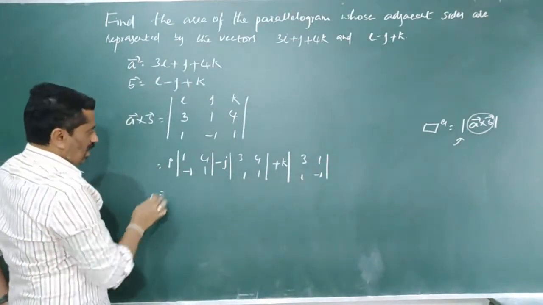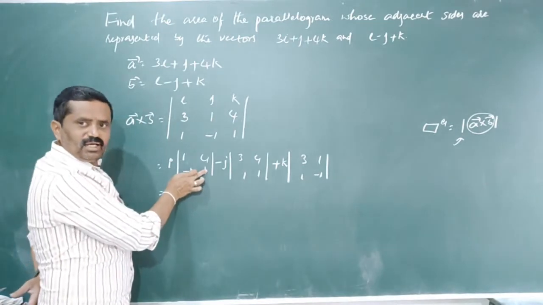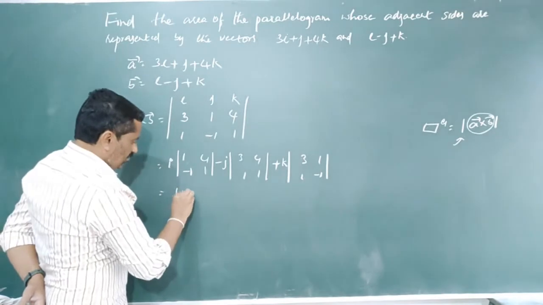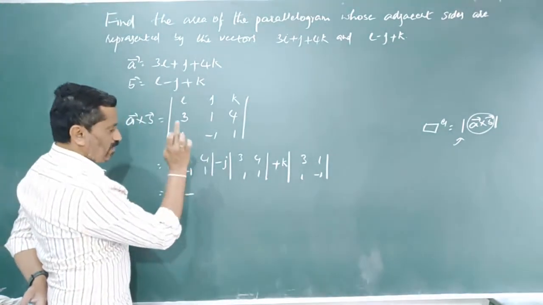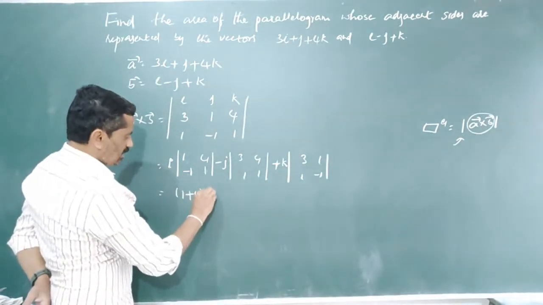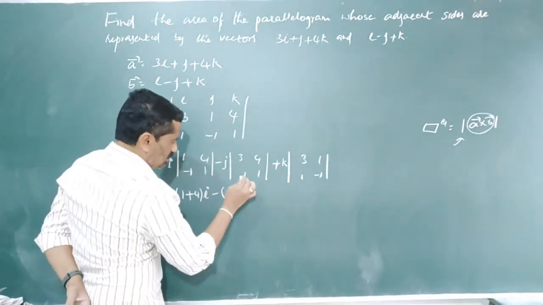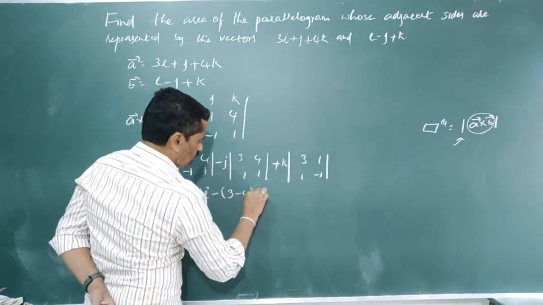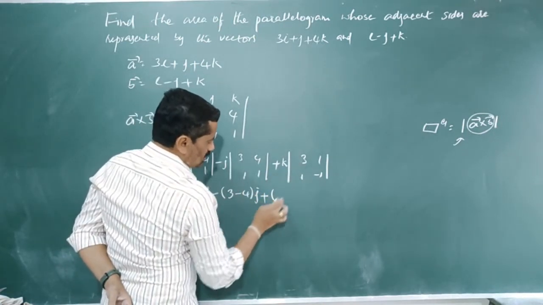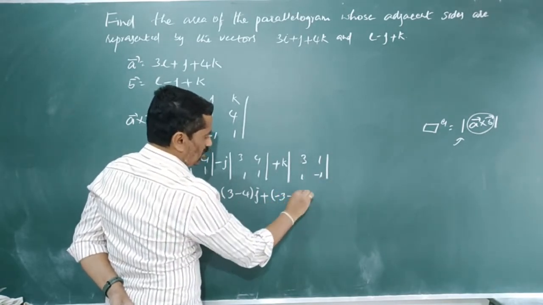Expansion: 1 into 1, the product of principal diagonals, minus the product of non-principal diagonals, 1 into 4, minus 4, minus of minus plus 4 of i. Again minus 3 into 1, 3, minus 1 into 4, 4 of j. Again plus 3 into minus 1, minus 3, minus 1 into 1, minus 1 of k.